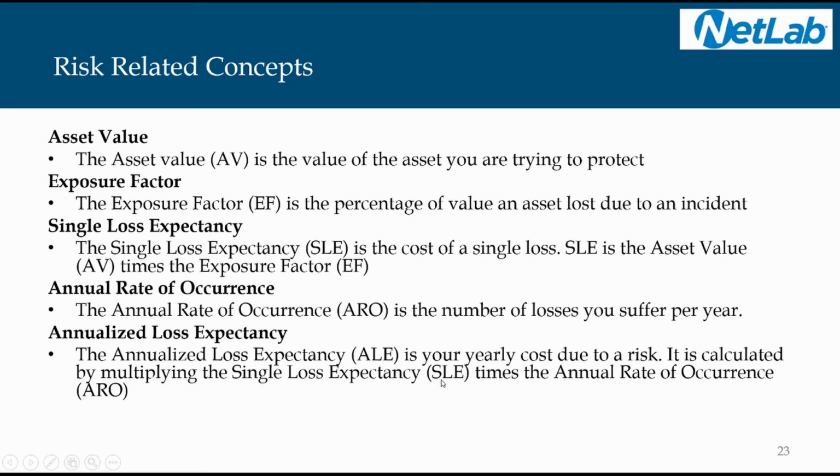Single loss of expectancy 25,000 into ARO, 11, is 2,75,000 without the encryption. But with the encryption, single loss of expectancy is 2,500 with 11 times, 27,500. So when you provide the safeguard, the annualized loss of expectancy gets reduced because the exposure factor drastically reduced in the risk calculation after mitigation.